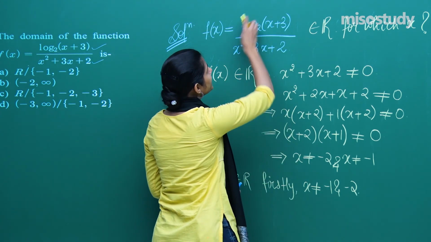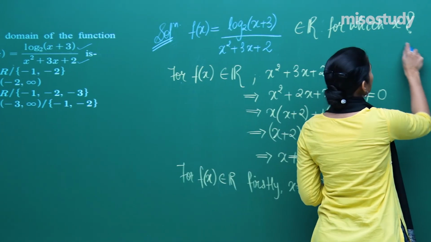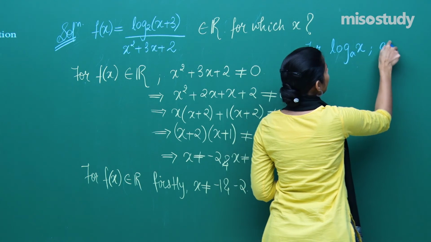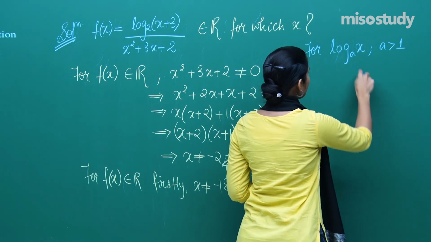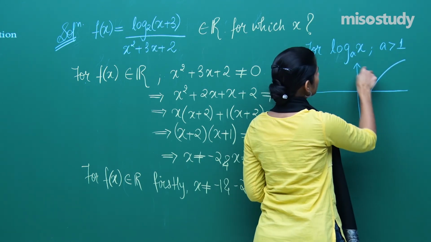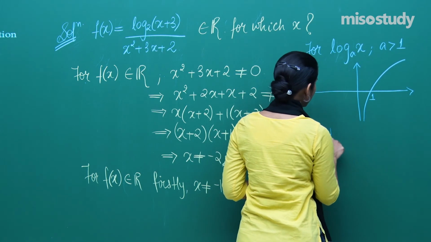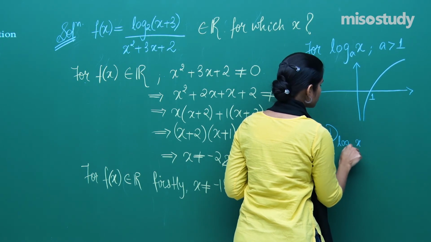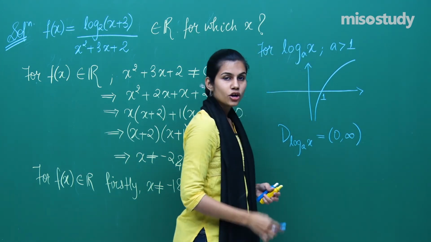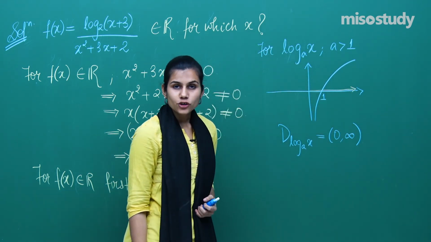Because if you look above carefully, I am given a log function with base 2, and if you remember, for log x to the base a with a greater than 1, the graph of log was like this. At 1, log was 0, and in fact, the domain of log x to the base a is always equal to this: only on positive reals is log applicable.